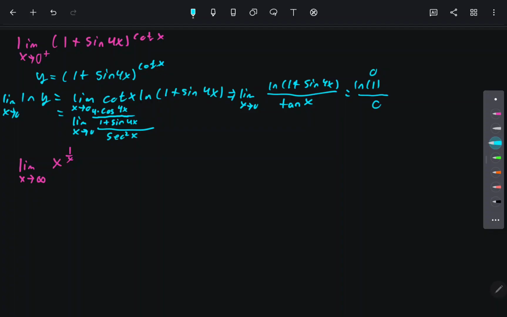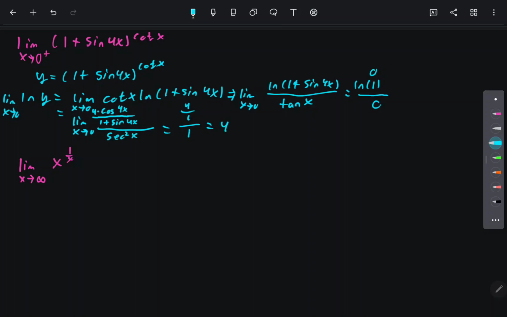Now we can plug in 0, and we will get 4 divided by 1 over cosine of 0 squared, which is just going to be 1. So we get an answer of 4.